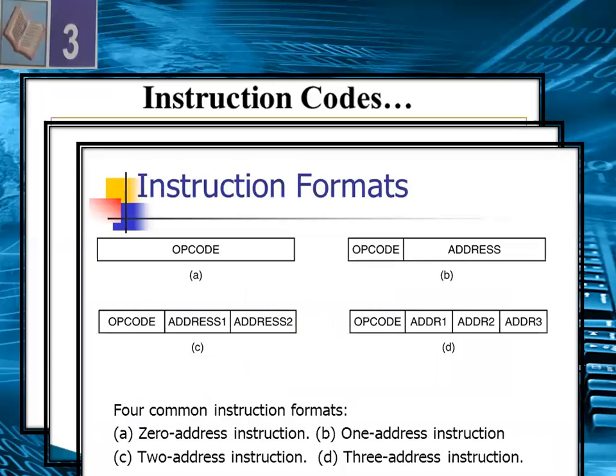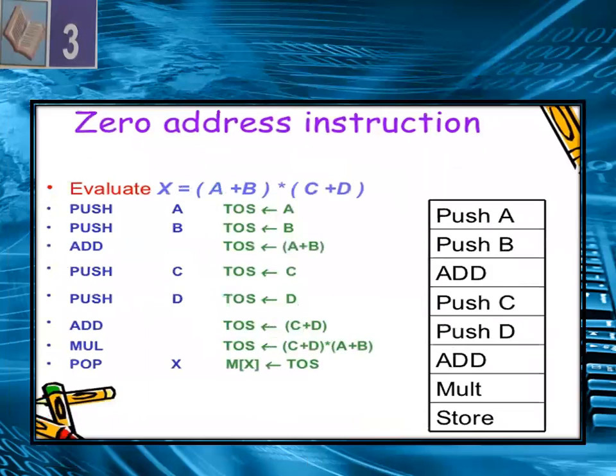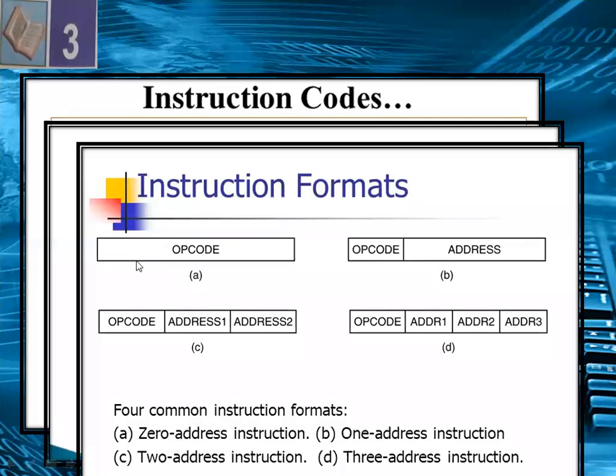So first of all, in instruction format, we have the 0 address instruction. In a 0 address instruction, there is no address required. This format requires only one opcode.